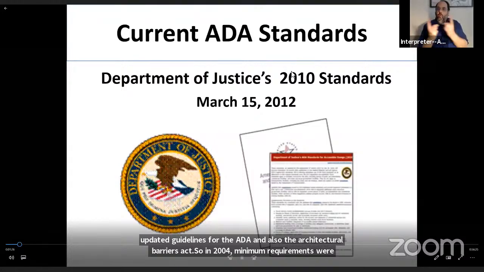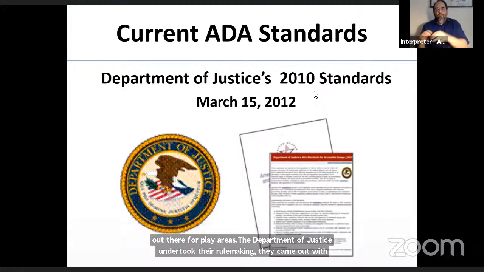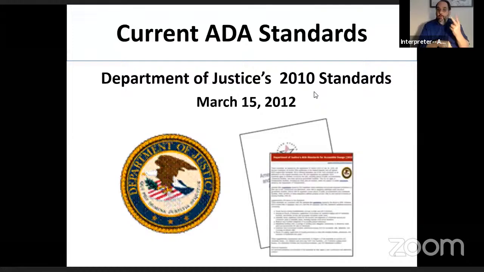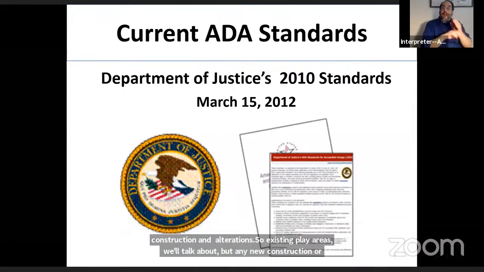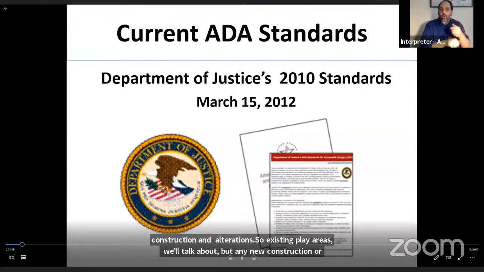They came out with the 2010 ADA standards for accessible design. And their implementation date was March 15th of 2012 for all new construction and alterations. So existing play areas we'll talk about, but any new construction or alterations after March 15th of 2012 should be using the requirements that we're going to talk about today.